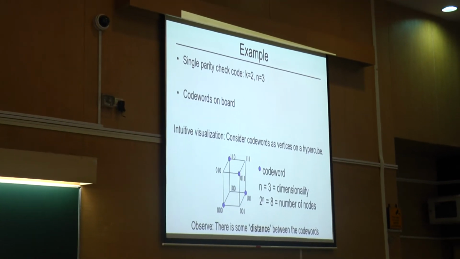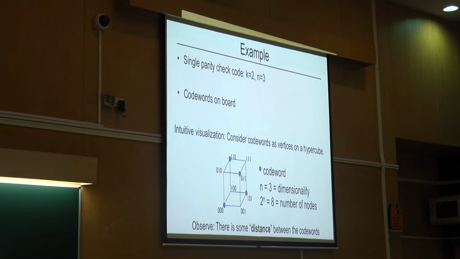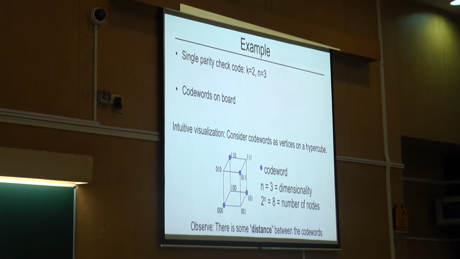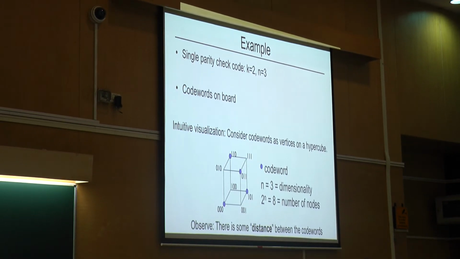If 2 adjacent nodes are code words, then we'll have the same problem that we saw in this example. So there has to be some distance between the vectors in the code, which is basically the distance between the code words. And this distance has an intimate relationship with the resilience that the code provides. There are beautiful results on this.